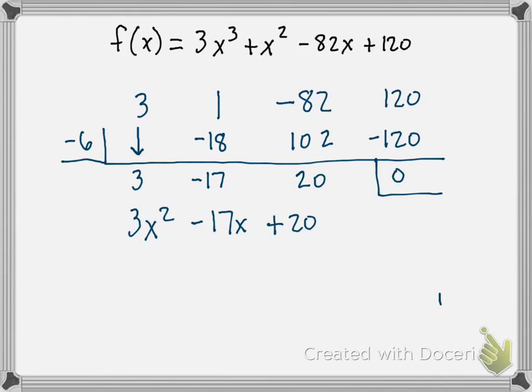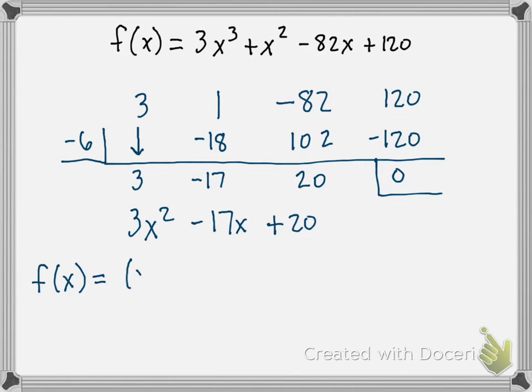Right? So what we have here is we know one linear factor, x minus negative 6, or x plus 6, and now we know the second factor, which is quadratic. We need to factor until we have linear factors, and so all that's left to do is factor this quadratic quotient here. So again, I'm going to start to factor f of x.